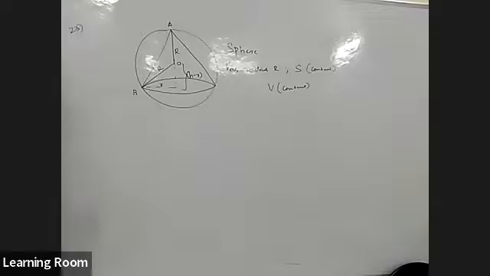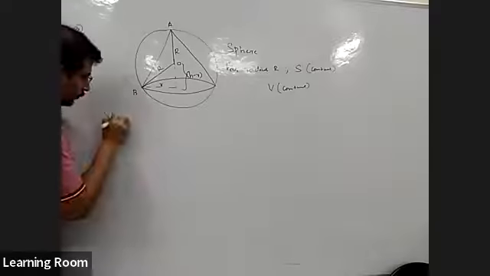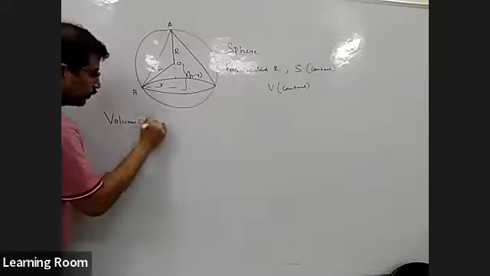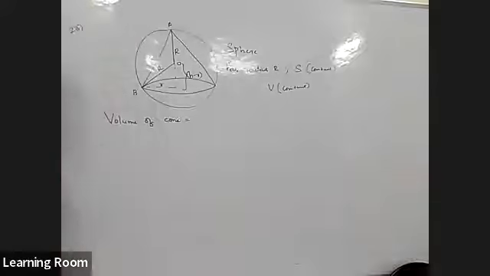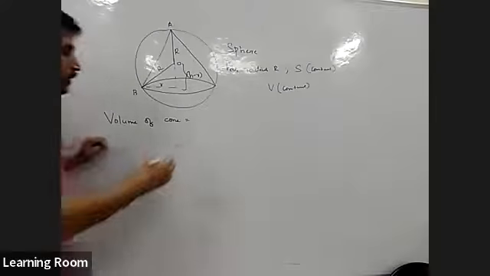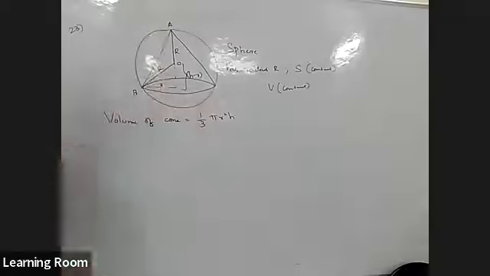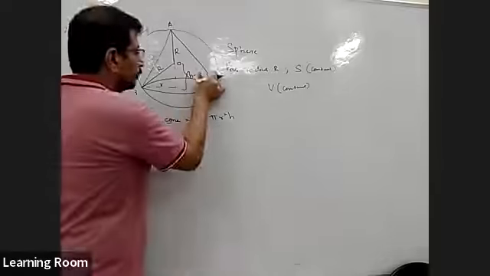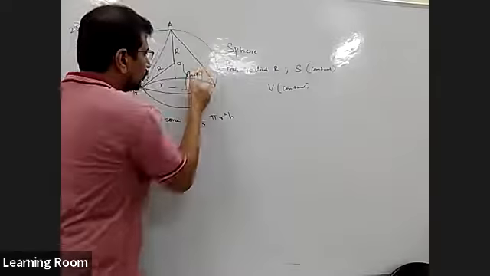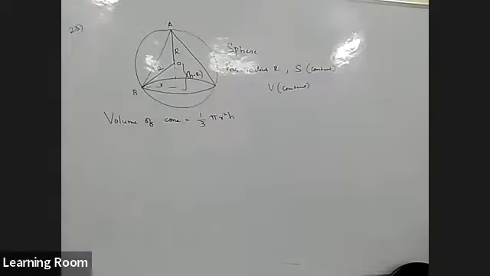Now what is going to be the volume of the cone? Volume of cone is 1 by 3 pi small r square into h. h minus capital R. Okay. These are the values that I have taken. Now think of a way where we can write this.